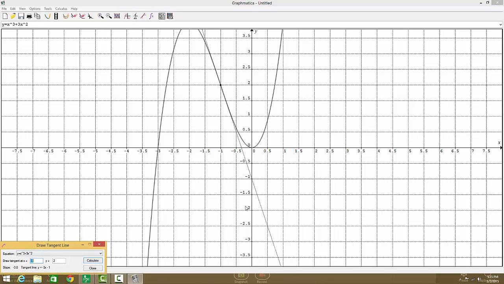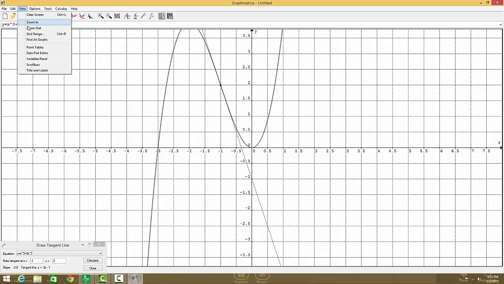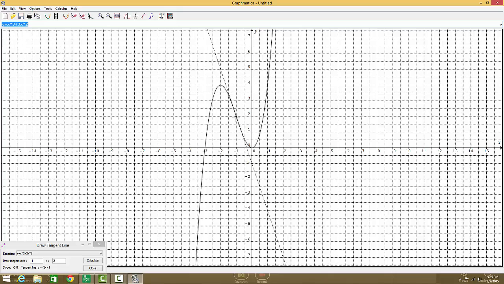They want you to find the equation of this line. So there is the curve, and we will try to find the equation of this tangent. If you look down here, the tangent line is y equals -3x minus 1, as shown from this diagram. Let me zoom out a bit. So we're trying to find this tangent line down here.